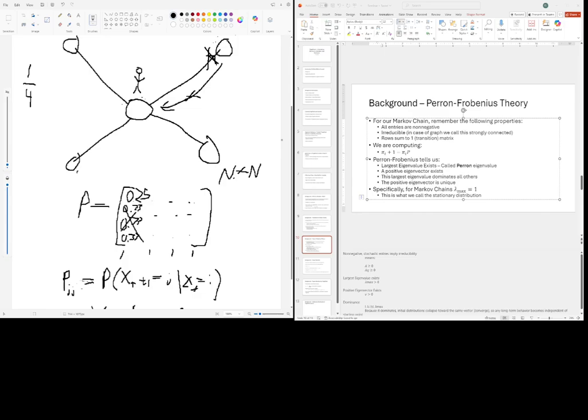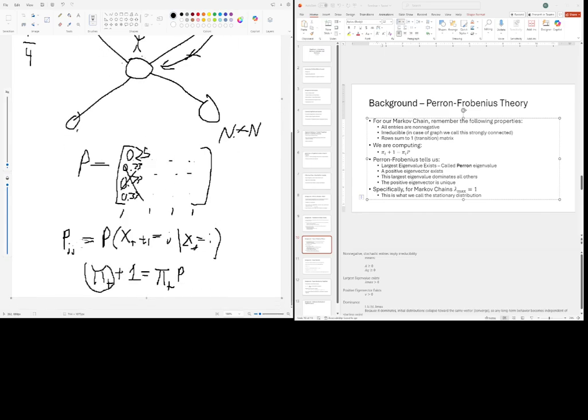We are computing this, and Perron-Frobenius is a theorem we use because it proves that when we're computing pi of t, which we'll call our stationary distribution at time t, we basically only need the largest eigenvalue, called the Perron eigenvalue. Perron-Frobenius tells us that it exists, it's positive, it dominates all the others, and the eigenvector is unique.